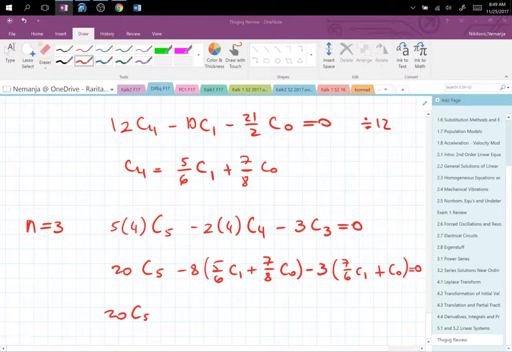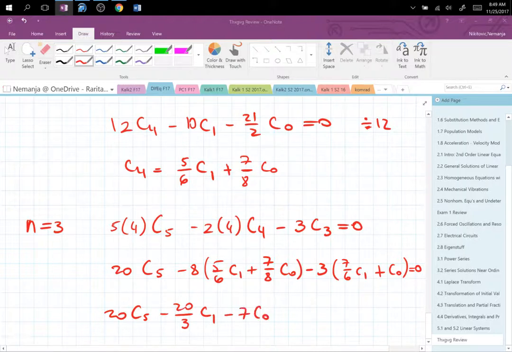20 c5. Now these start canceling. This cancels by 2, so minus 20/3. So 3 stays, okay. c1, 8 and 8 cancel completely, so minus 7 c0.